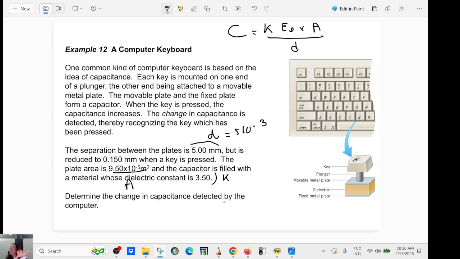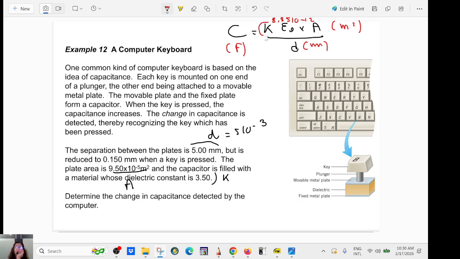It's in your equation sheet, but make sure you have the right units, because sometimes you have to be careful with the units. This is in meters, this is in meter square, and this is in farad. And that thing here is 8.85 times 10 to the negative 12.